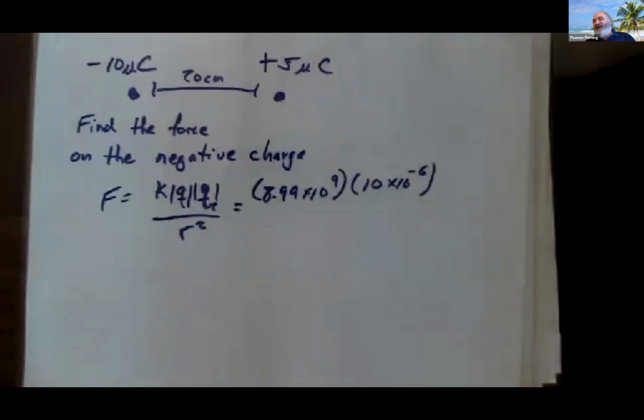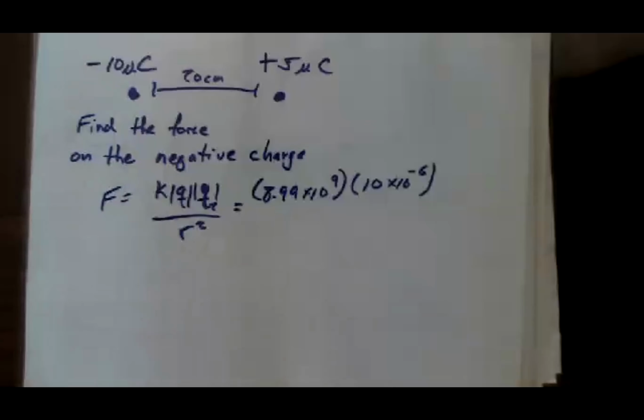So never plug a minus sign into the Coulomb force law. Just realize that when you get your numbers out, you're going to get a positive answer, but then you're going to have to look at that positive answer and use some common sense to decide whether you want that direction to be positive or negative. And that's going to depend on your coordinate system. So far, so good? Yes.